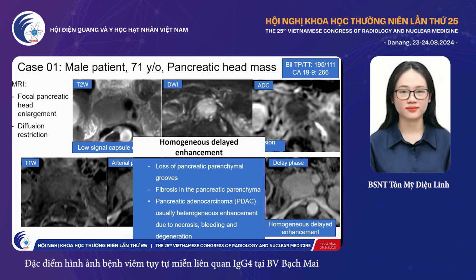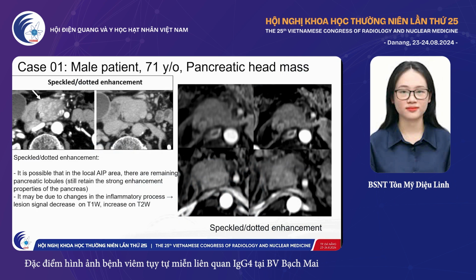The explanation of delayed enhancement is fibrosis and loss of pancreatic parenchyma, while PDAC usually shows heterogeneous enhancement due to necrosis, bleeding, and degeneration. As for the dotted enhancement, it is possible that in the local AIP area there are many pancreatic lobes that still retain the strong enhancement of pancreas. It may be due to change in the inflammatory process.